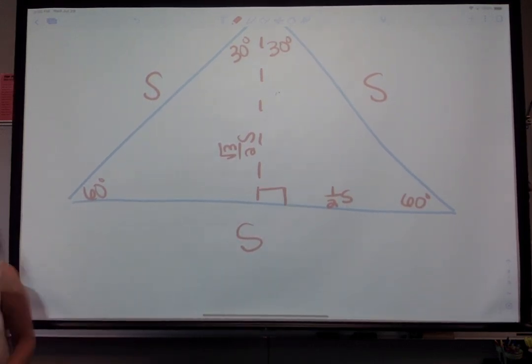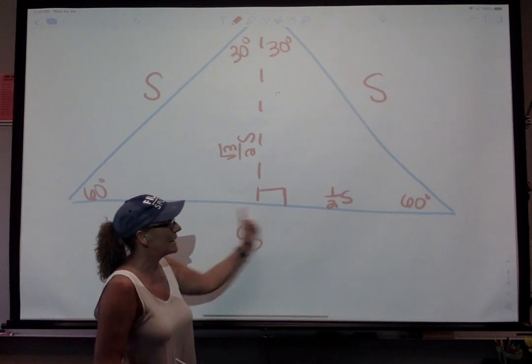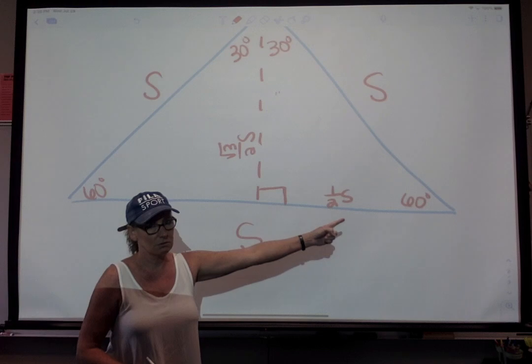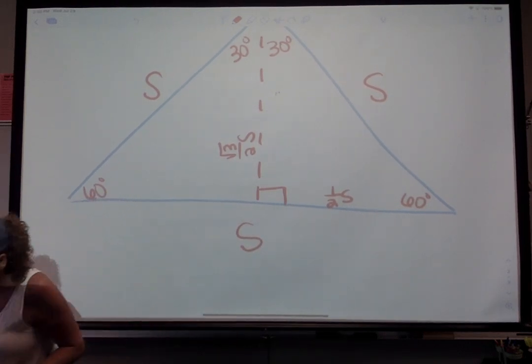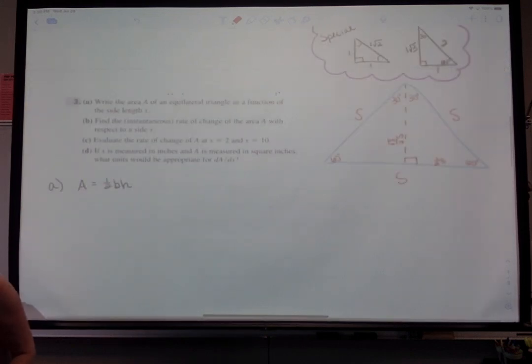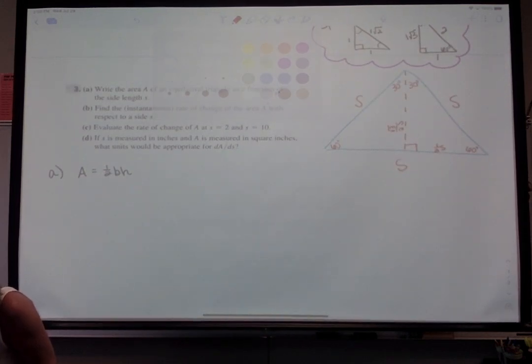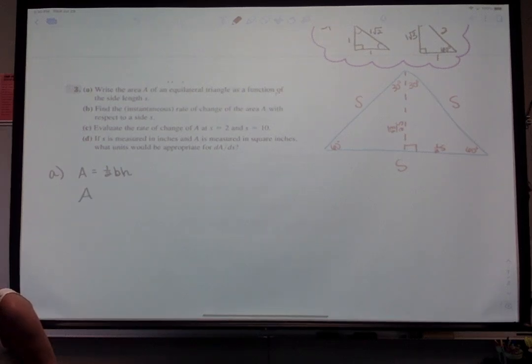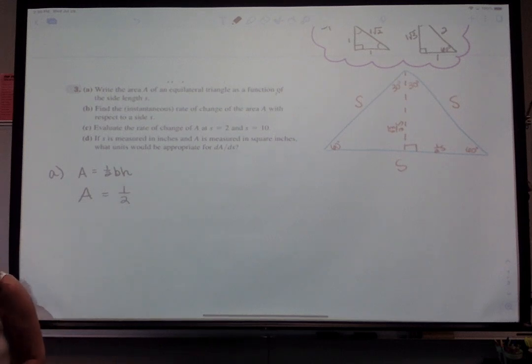So I'm going to do 1/2 times the base of the blue triangle times the height of the blue triangle. The entire base of the blue triangle is s, and the height of the blue triangle is radical 3 over 2 times s.